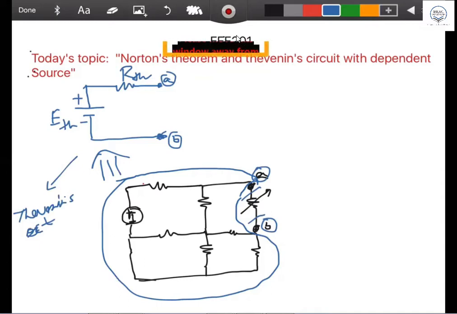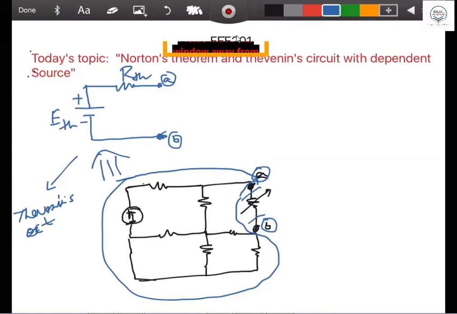So in that situation, Mr. Norton is Thevenin's brother, and he was a bit jealous that how come Mr. Thevenin got such a good success, I can also do something like that. And what Mr. Norton did, he copied Thevenin's theorem in his head, and then he tried to find the solution in a different way.